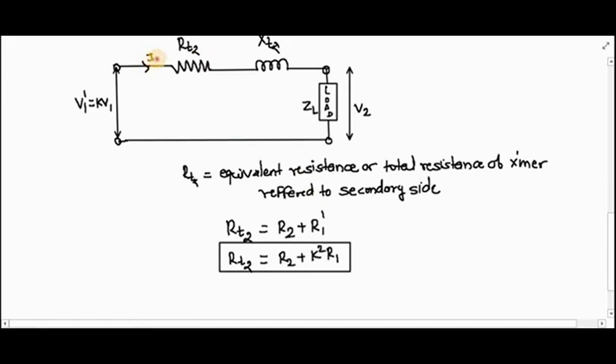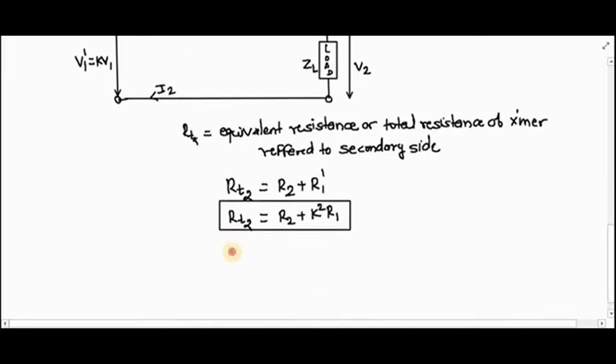This is your I2 because we have drawn this circuit referred to the secondary side and not I1. In the similar way of your RT2, I can write down XT2 is equal to X2 plus primary leakage reactance referred to the secondary side. So if we proceed in the similar way, we will get X1 dash equals to K square into X1.